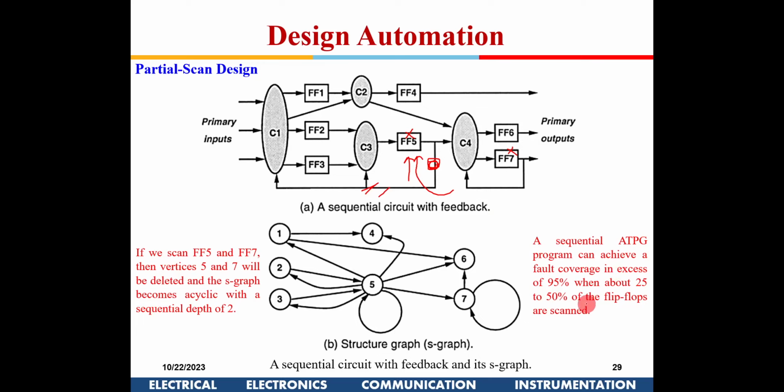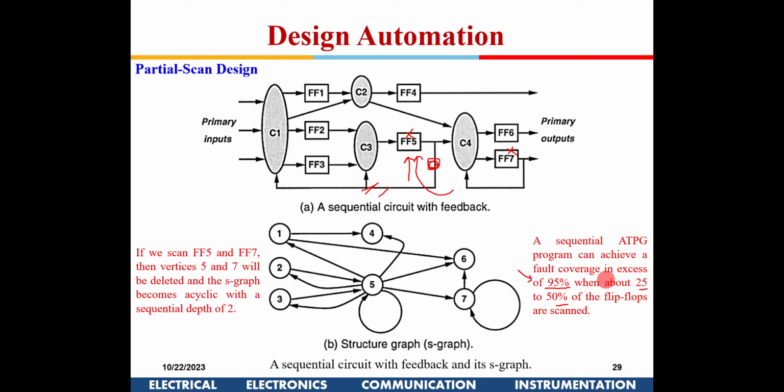Okay, so here it says like some tests they did, and by just making some partial flip-flops scan, they were able to do this. Obviously full scan design will give you almost close to 100% fault coverage, whereas with a partial one, they said up to 95% was achieved by converting only about 25 to 50% of the flip-flops to scan, and they were able to cover 95% of the faults.